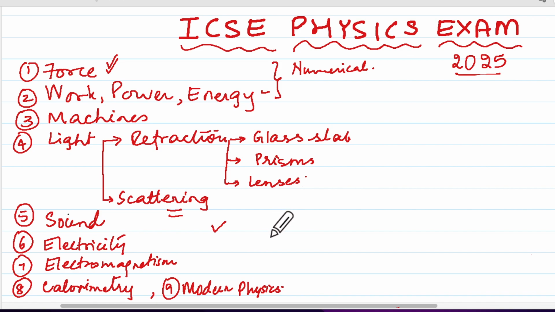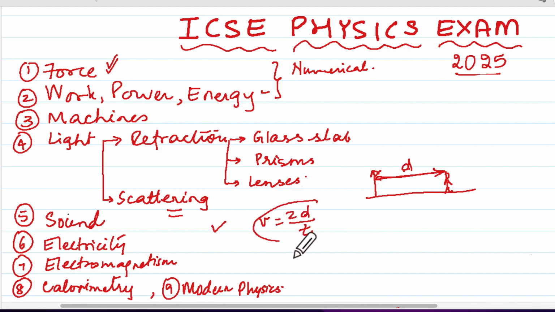Also, you have to remember the formula V is equal to 2D upon T. When there is just a rigid object, it could be the building, it could be the cliff, and a person over here claps the hand, and the distance here is D, and the reflection happens, and the total distance is D plus D, and that is 2D upon the time taken. That would give us different numericals based on this.